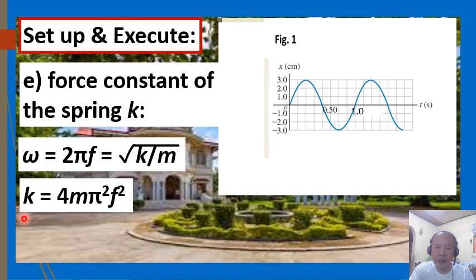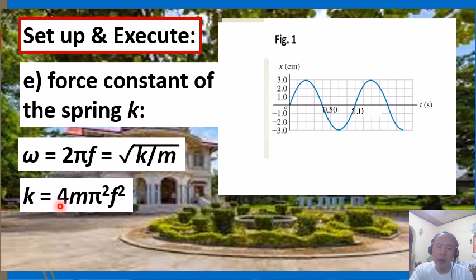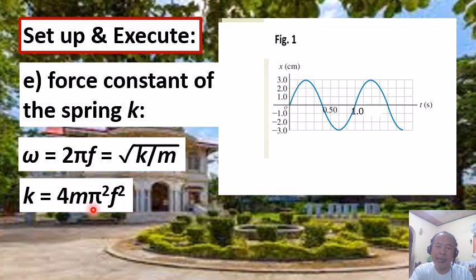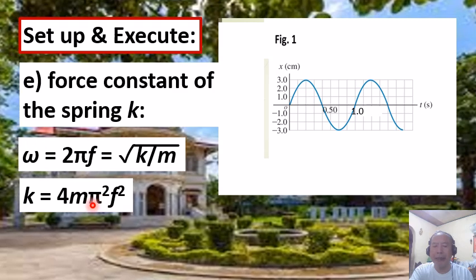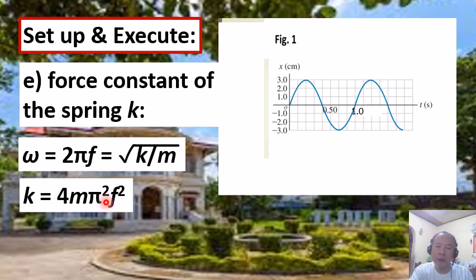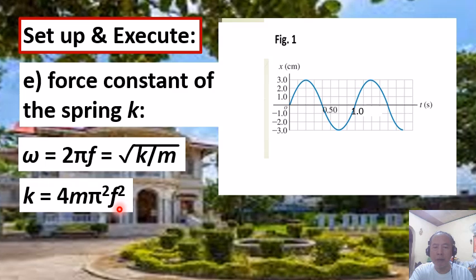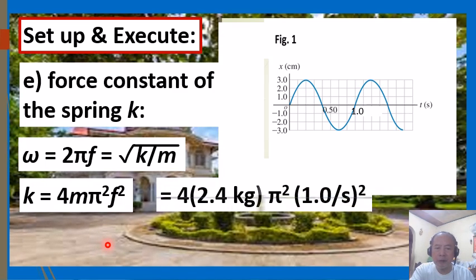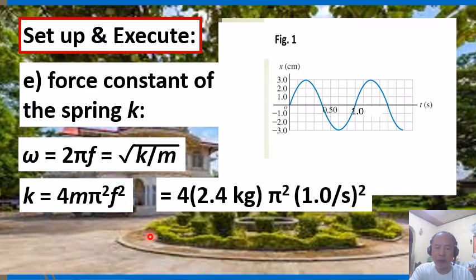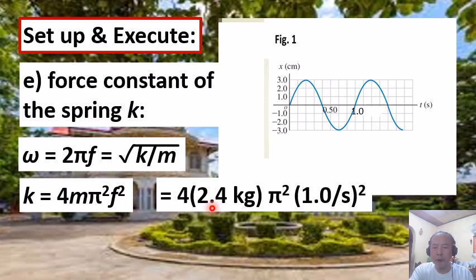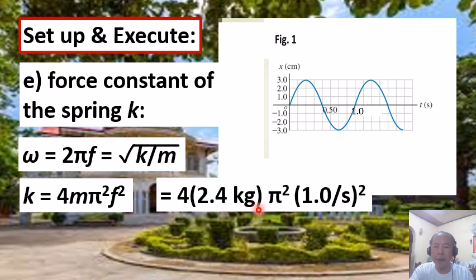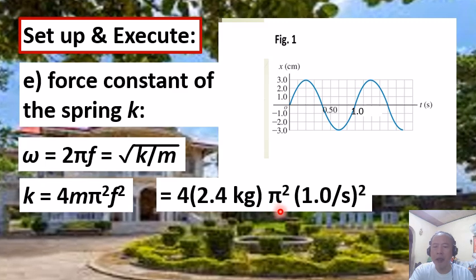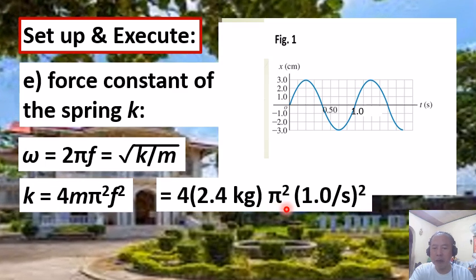So the force constant, small letter k, is just equal to 4 times the mass of the oscillator or the ball times the square of the value of pi, and multiplied also by the square of the frequency small letter f. That is, the force constant k equals 4 times 2.4 kilogram multiplied by pi squared, and multiplied also by the square of the frequency, 1.0 per second.